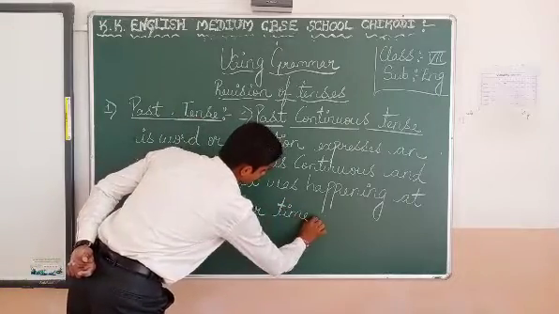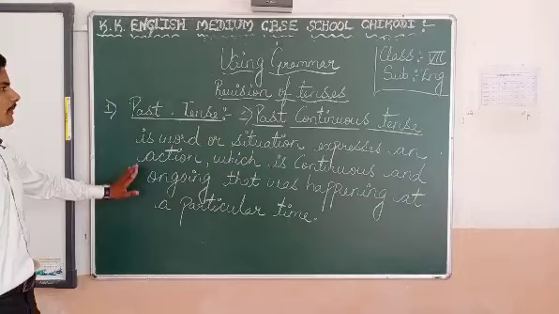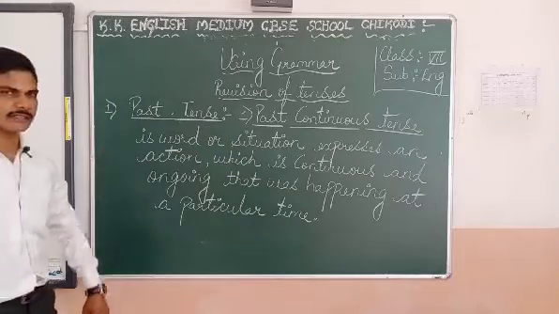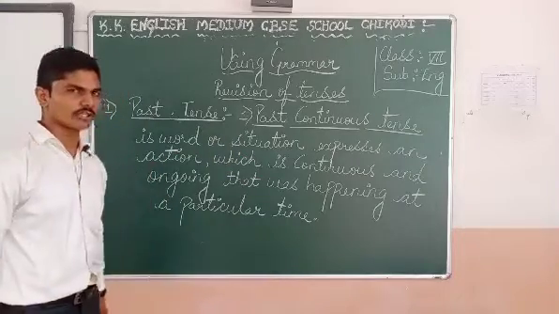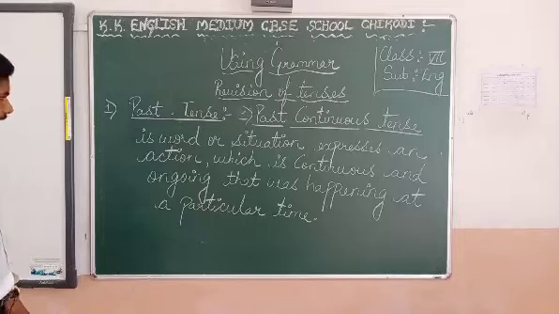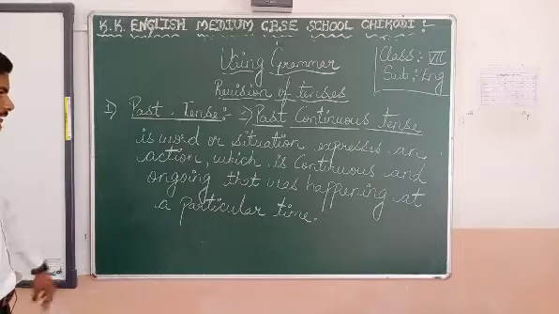Okay, so this is a sentence for the past continuous tense. Somehow it is lengthy, but you need to understand what is past continuous tense. For better understanding, that's why I wrote this sentence here.